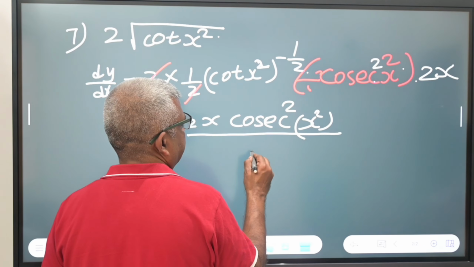Another sine x squared, take care, I am bringing into the square root, so I put the square. Then cos x squared over sin x squared.